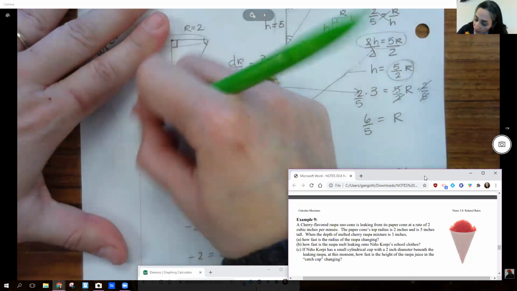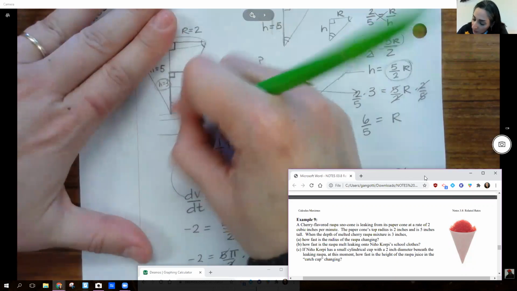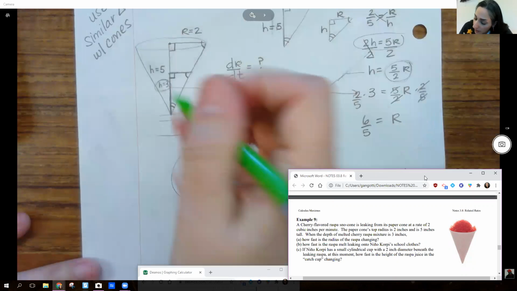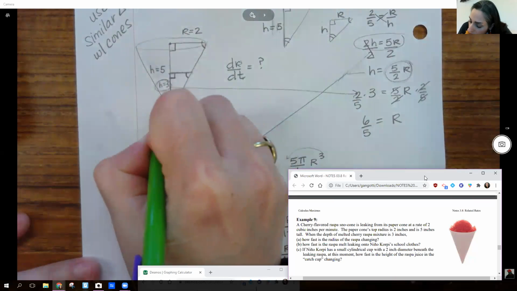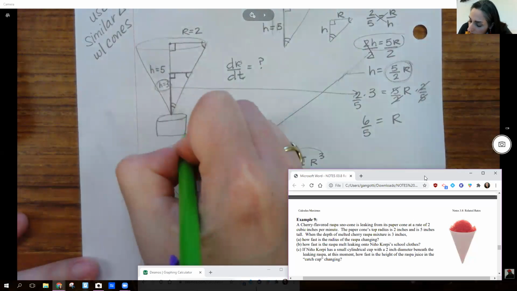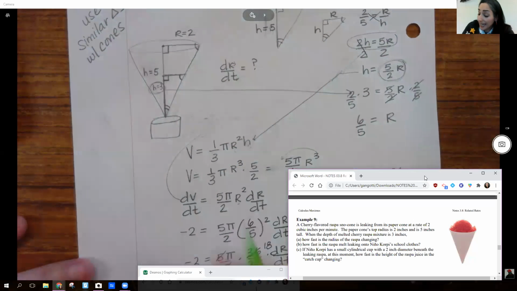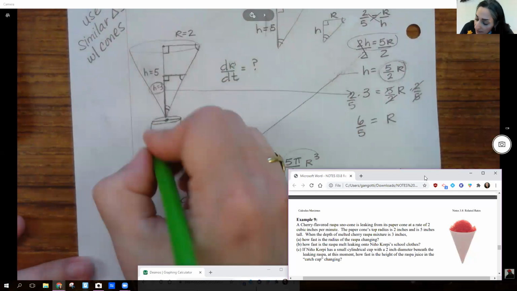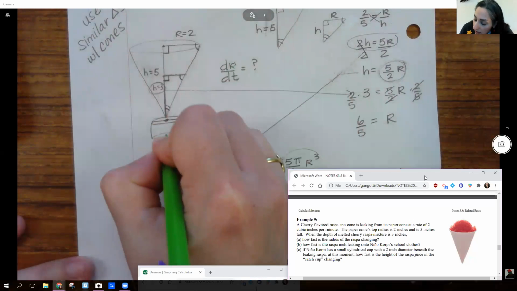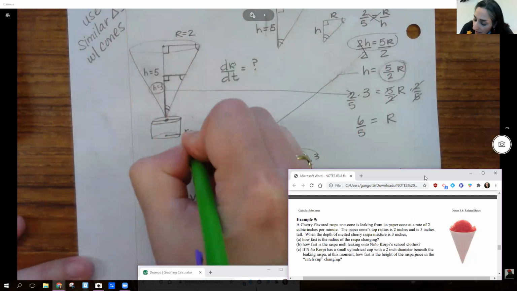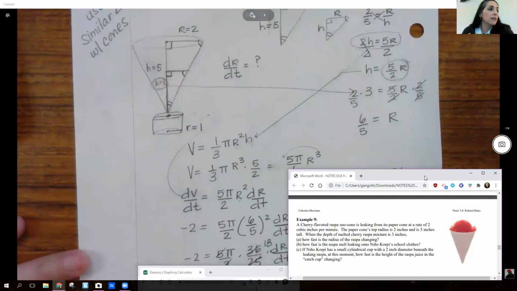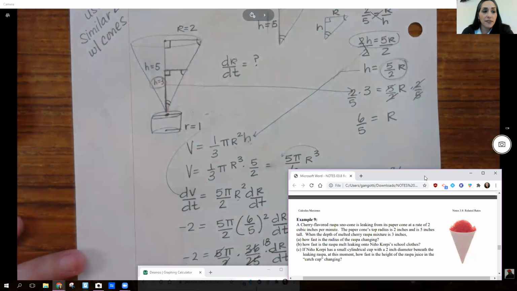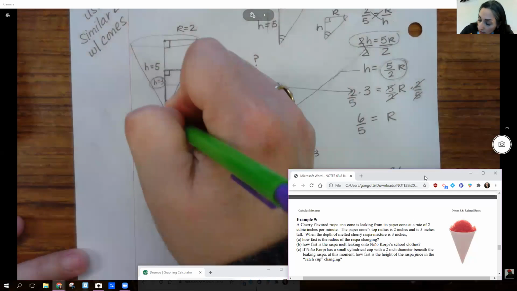Let me clean this up just a little bit here. Let's make it look like this. Okay, 2-inch diameter. So all the way across this 2, that means that the radius has to be 1, right? The stuff's leaking into it. All right, so the radius is 1.